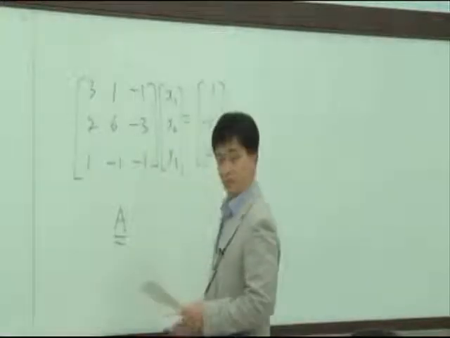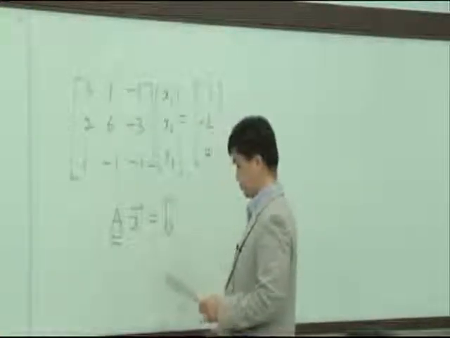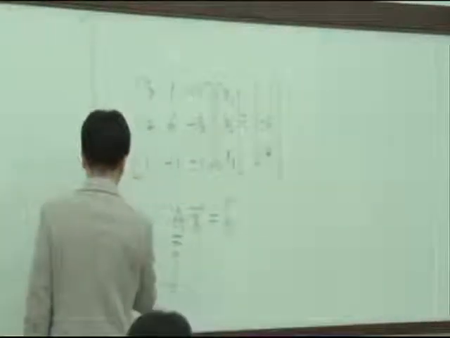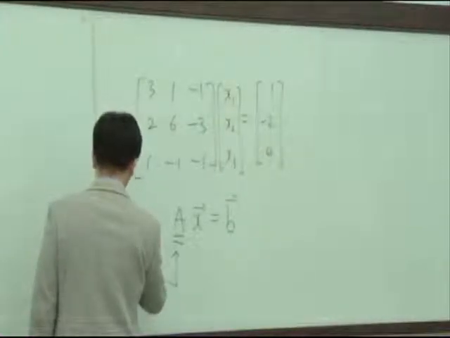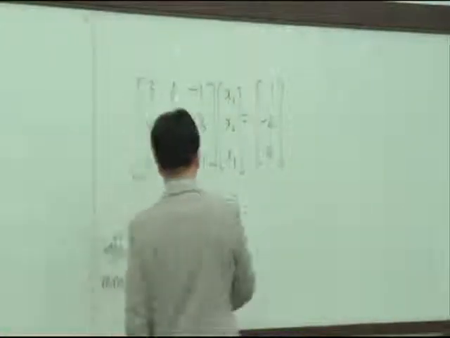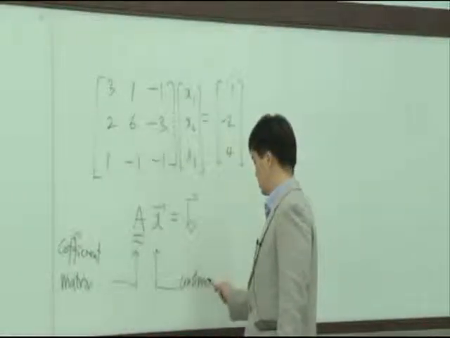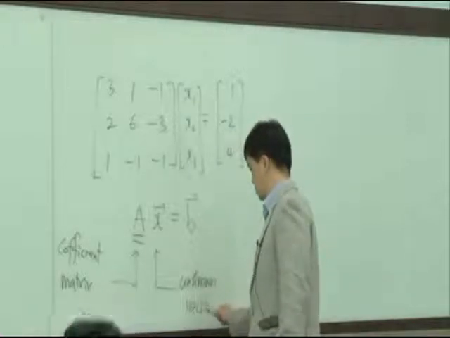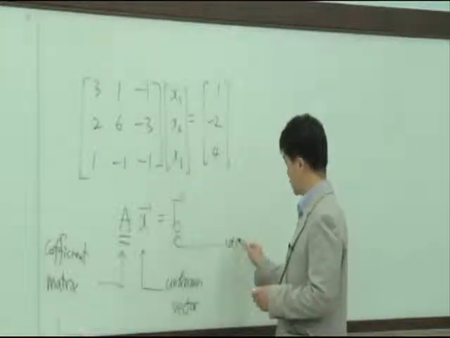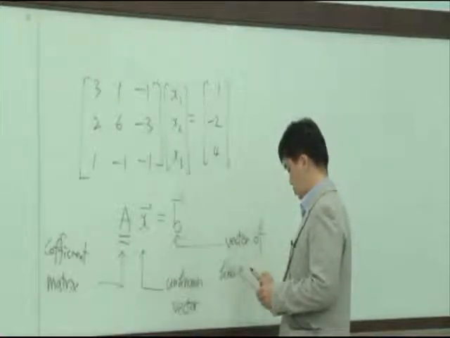With some characters, A is a matrix, X is an unknown vector, and B. Here we are saying A is a coefficient matrix, X is the unknown vector, and B is the vector of known quantities.